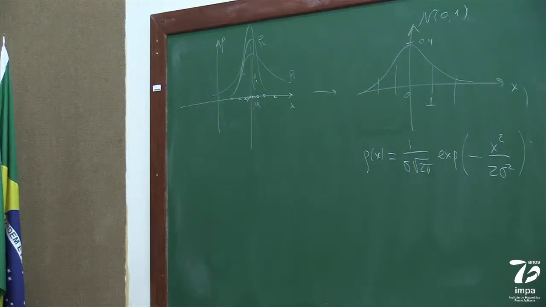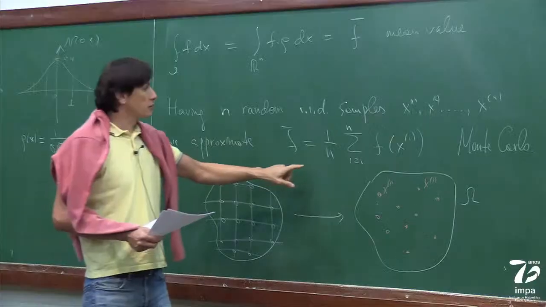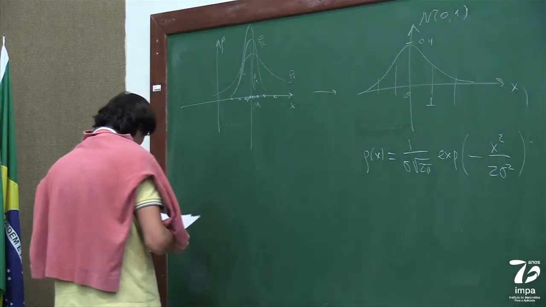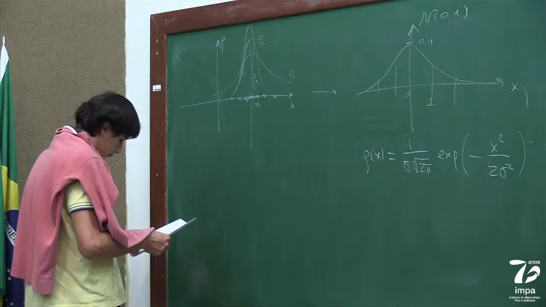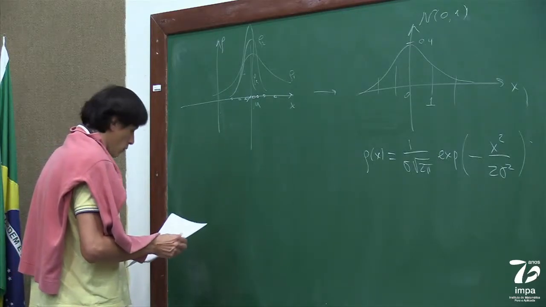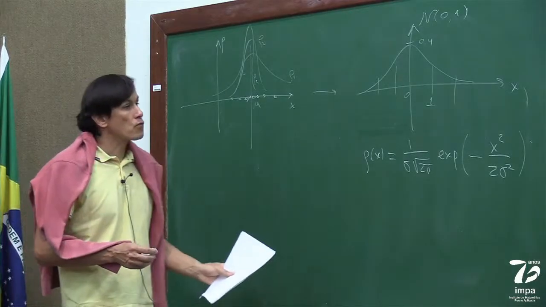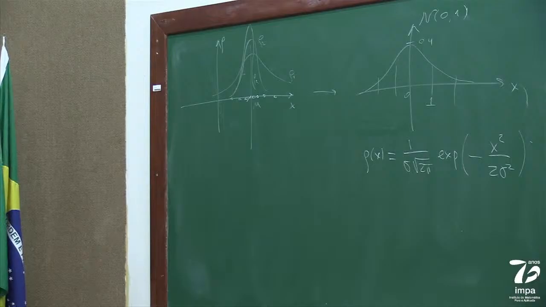So that's the central limit theorem, and this central limit theorem can now tell us the error of the computation. So how do we do it? We know that this function goes to this distribution.